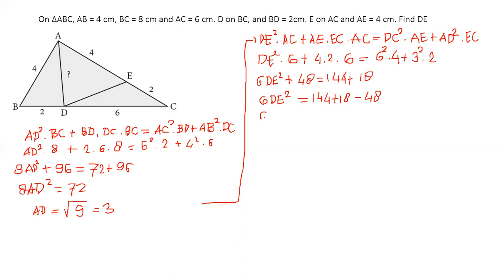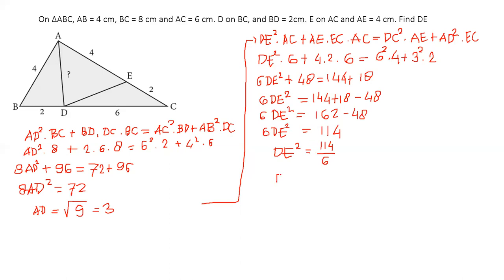And it becomes 6 DE squared equals 162 minus 48, which is 114. So DE squared equals 114 divided by 6, which is 19.